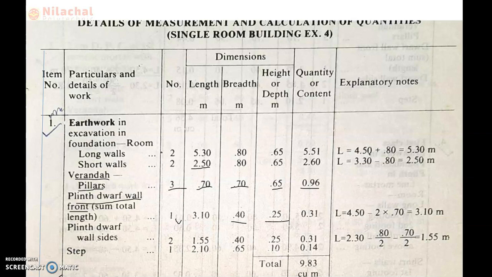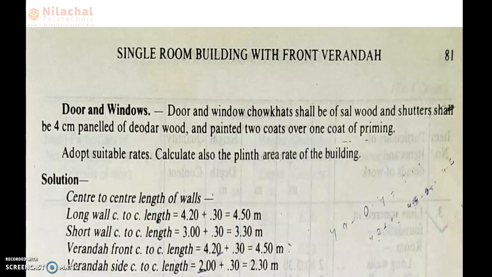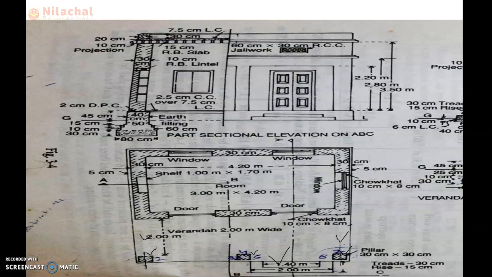We know the veranda front wall center to center distance is equal to how much? 4.50. So we have to check the pillar value in between the veranda front wall. We know the veranda center to center distance with this point and to this point distance is equal to 4.50. So in between the veranda front wall, here half of the pillar is considered.